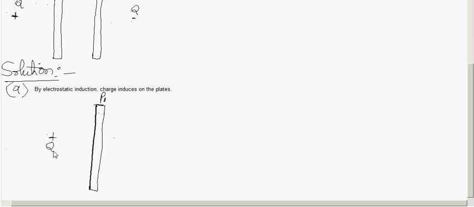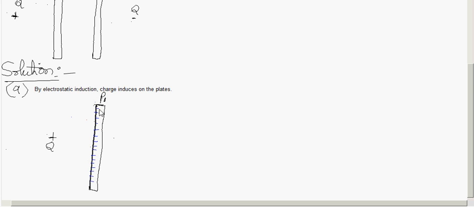So now what will happen? It will attract all the negative charges. So the negative charge will be attracted by the plus Q charge. So on this left side, we will have all the negative charges. Then positive charges will accumulate on the other side.